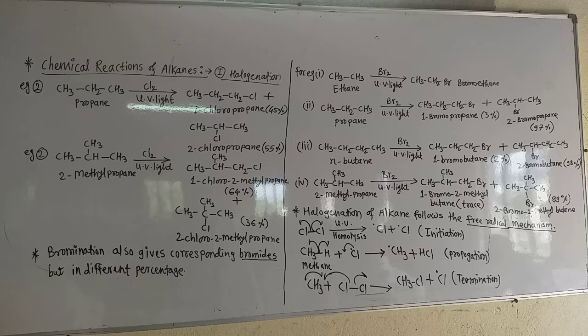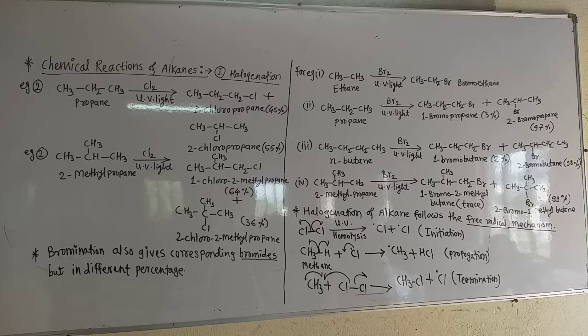You know that a covalent bond is formed by a shared pair of electrons. Both atoms share one electron each, and a covalent bond is formed. Two electrons means one bond. So homolysis is breaking of that covalent bond in such a way that each of the two atoms acquires one electron.